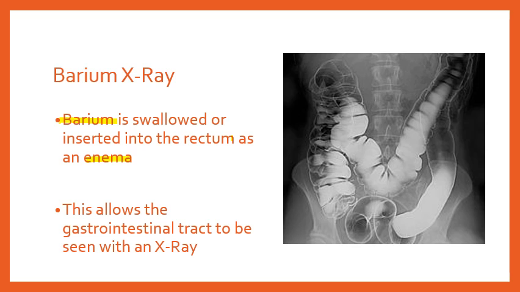And then what happens is that shows up on the X-ray. So that actually blocks X-rays and shows up on our picture. And you can see in this image, this person's large intestine, right? So you can see how their large intestine is, and you could find any potential blockages in their large intestine using this technique.